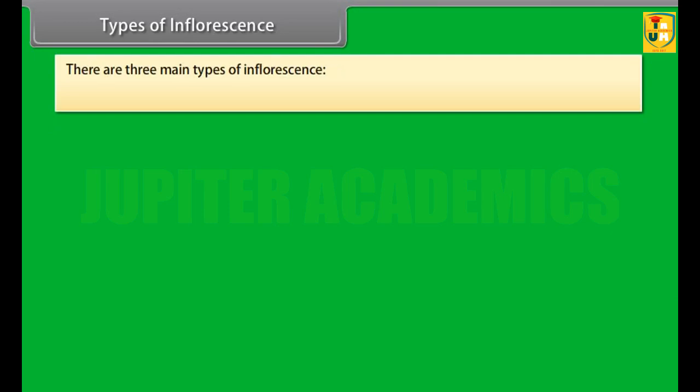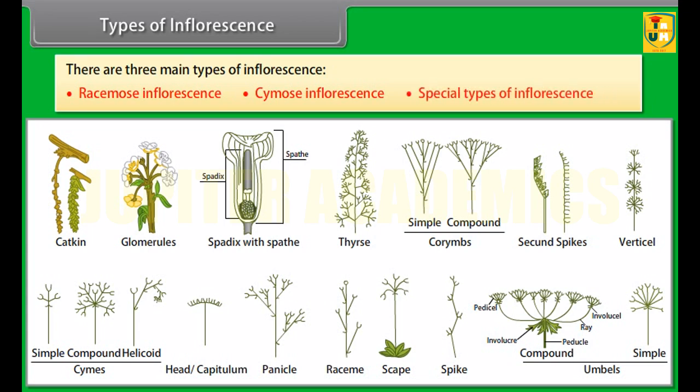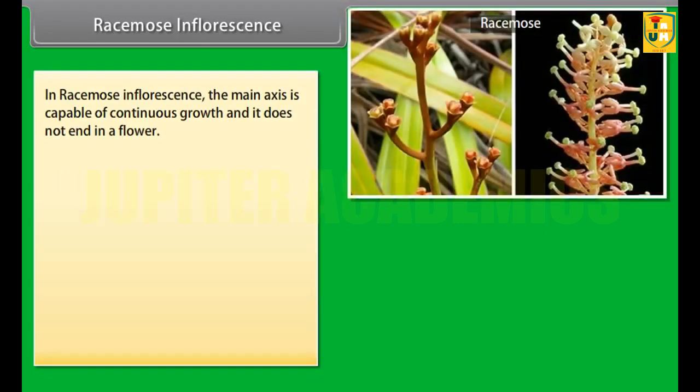Types of inflorescence. There are three main types of inflorescence: racemose inflorescence, cymose inflorescence, special types of inflorescences. Racemose inflorescence. In racemose inflorescence, the main axis is capable of continuous growth and it does not end in a flower.